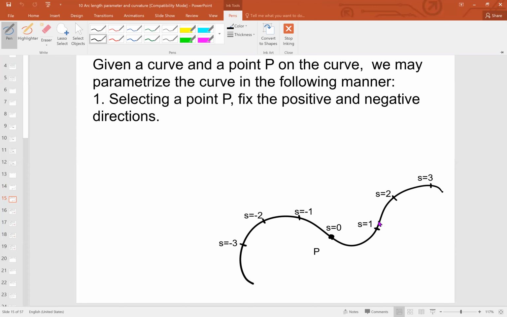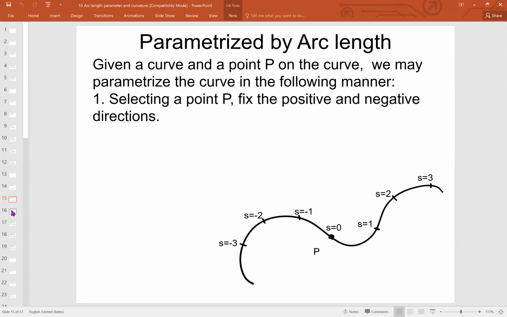So basically the special stopwatch is the s stopwatch. When you stop at s equal to 1, you travel precisely 1 unit, and when the s stopwatch is at 2, you travel precisely 2 units lengthwise. If a curve is parameterized in this manner, we say the curve is parameterized by its arc length.